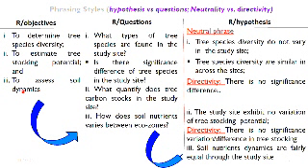Taking these examples of the research objectives, from objective number 1, this is how the research question could be stated: what types of tree species are found in the study sites? It ends with a question mark. The objective was to determine tree species diversity. Now, which question am I going to answer?